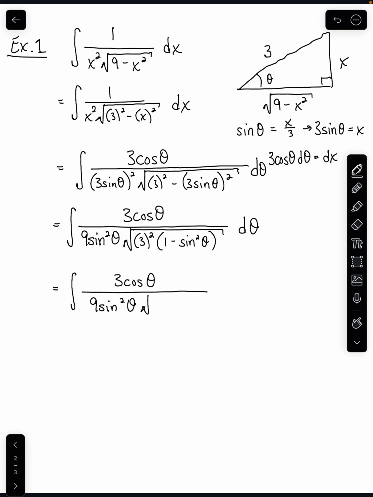With the 3 squared factored out, 1 minus sine squared theta is a Pythagorean identity. So we can replace the multiple term expression 1 minus sine squared theta with the single term expression cosine squared theta.